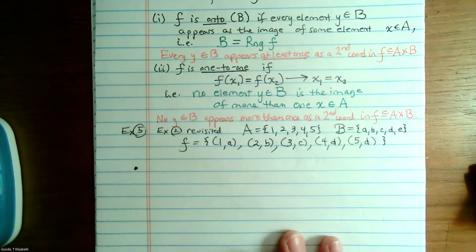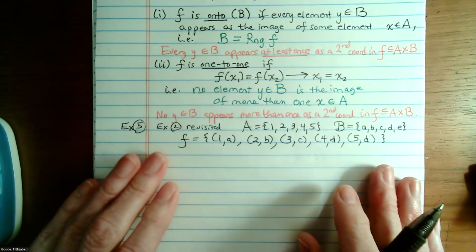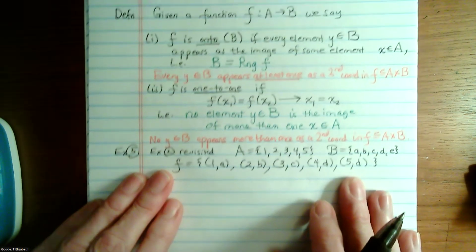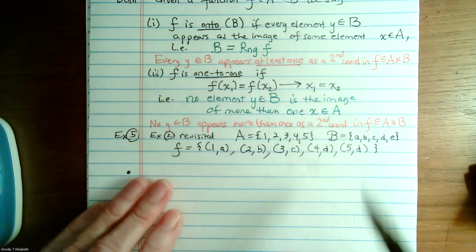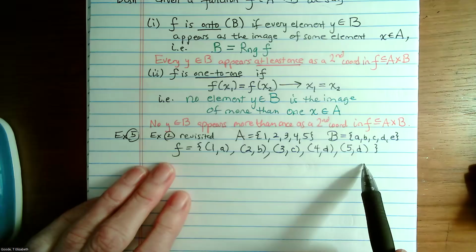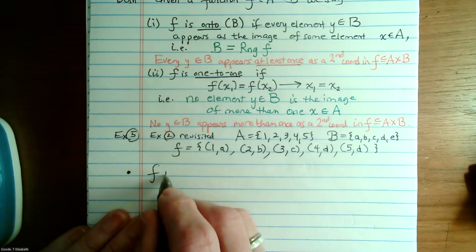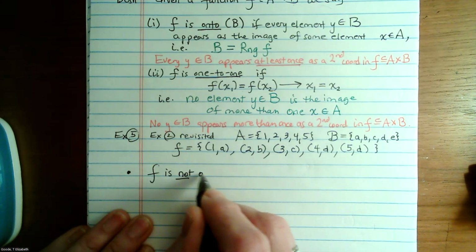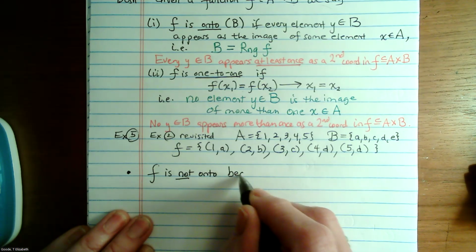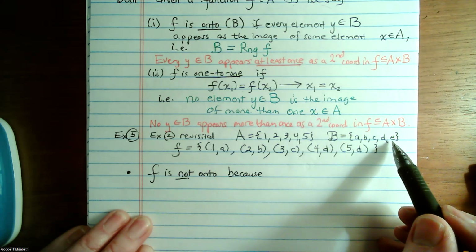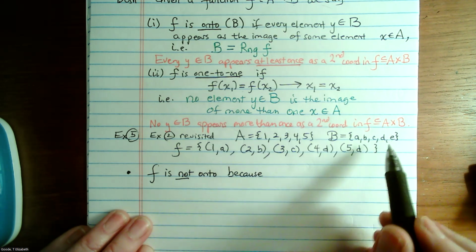Let's just take a look at this. Is this F onto? Here's our definition of onto. F isn't onto B. It's not. Good. F is not onto because there's an element in B that does not appear as a second coordinate for any of the ordered pairs, namely little e, right?